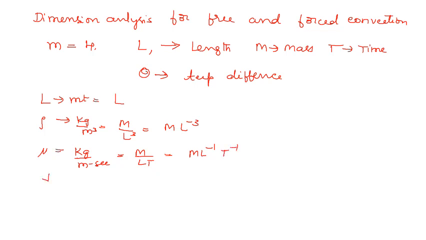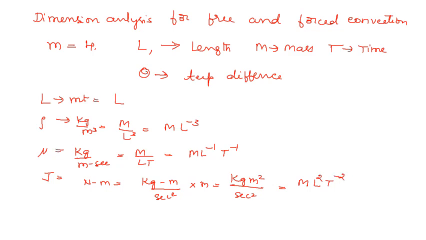Similarly, if joule is required, which is a Newton meter, we can write it as kg meter per second square into meter, or kg meter square per second square, and this is given as ML to the power 2 T to the power minus 2.